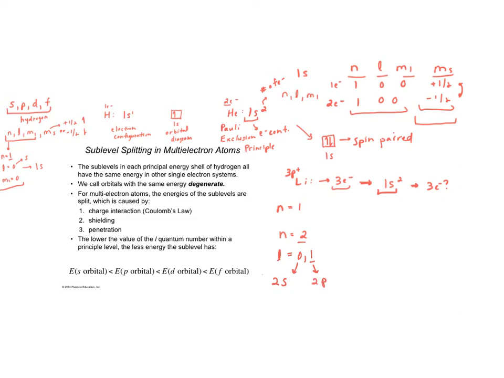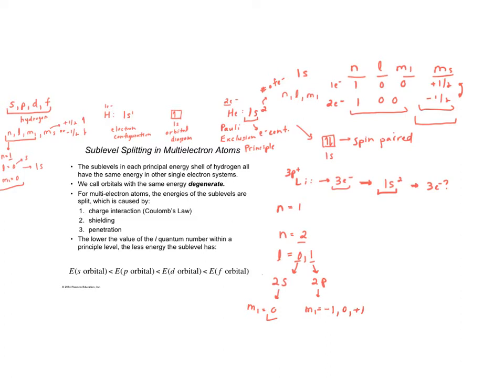Okay. Also remember that for s orbitals, a value of 0 for l, there is only one possible value of m sub l, and that was 0. So that tells us there's only one s orbital. On the other hand, for p, our m sub l values, which tell us our orientation in space, can be -1, 0, and +1.